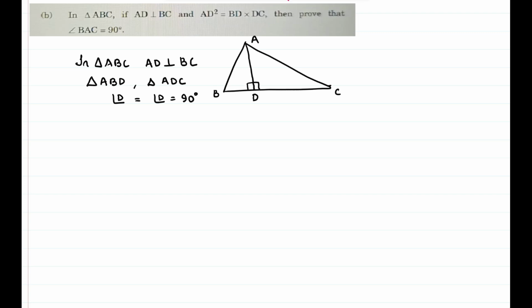The next important information which is given in the question is this one: AD square is equal to BD into DC. If we rearrange and write this, then we can write BD by AD is equal to AD by DC.